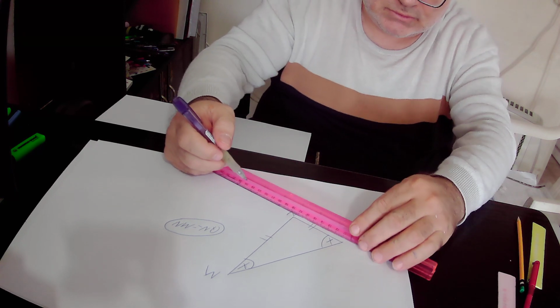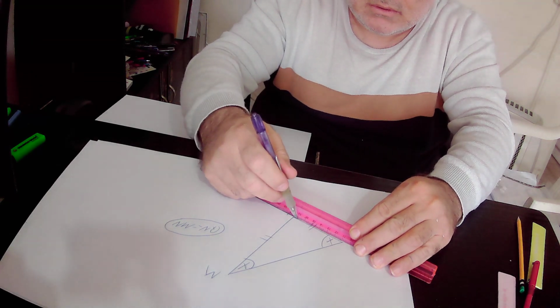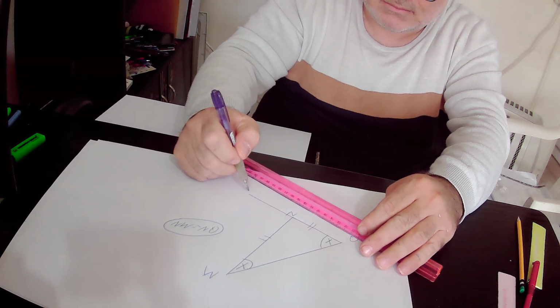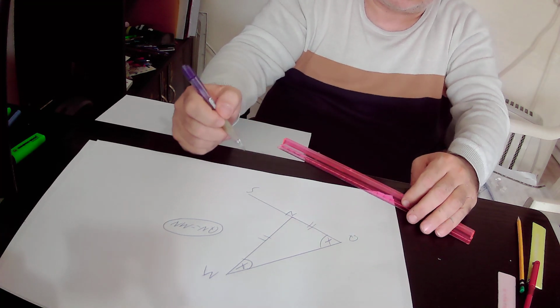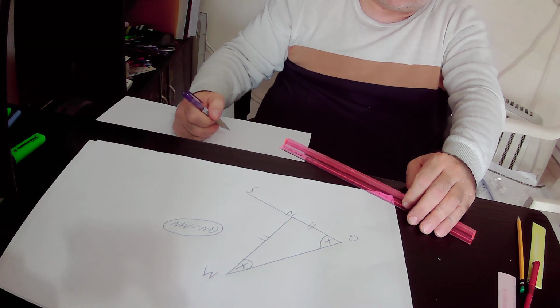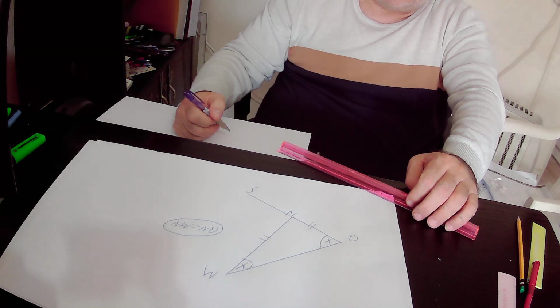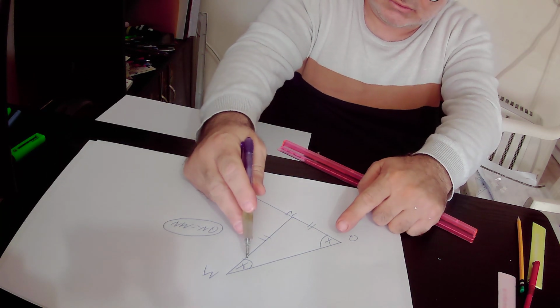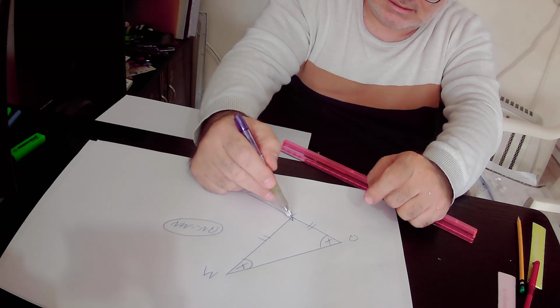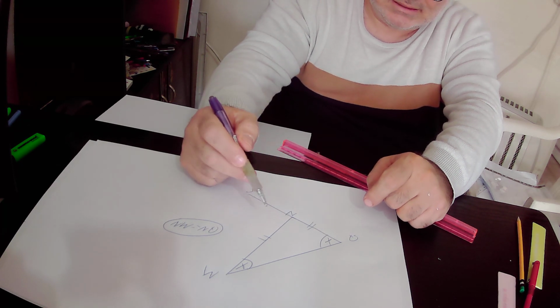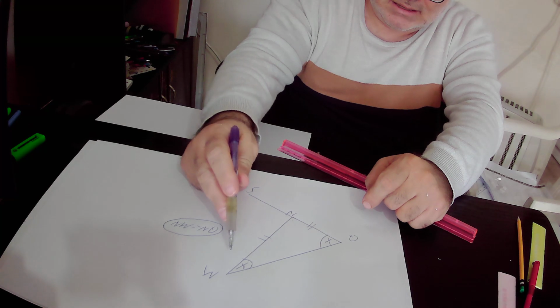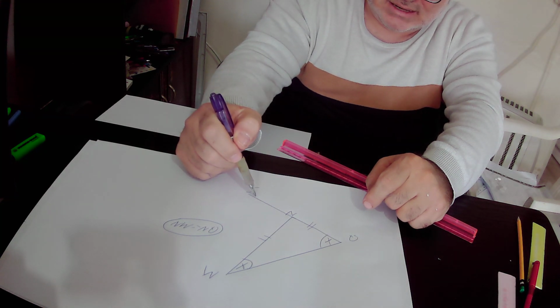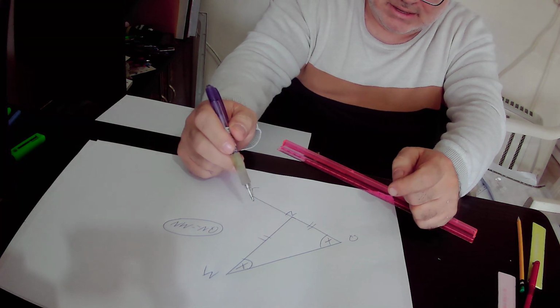And here we also have point S. In triangle QMN, we have those two angles, and this angle, which are the interior angles, and angle MNS is the exterior angle of triangle QMN.